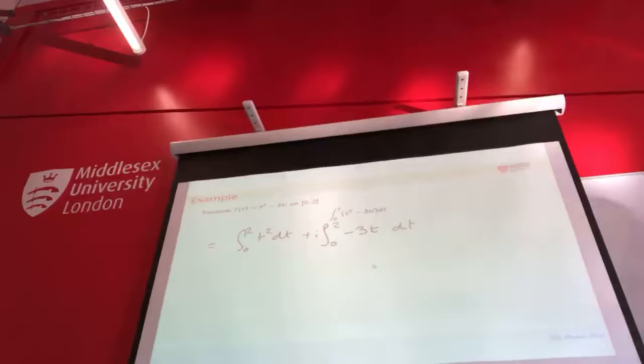So the imaginary part is minus 3t. All I've done is split this thing into the real and imaginary parts.